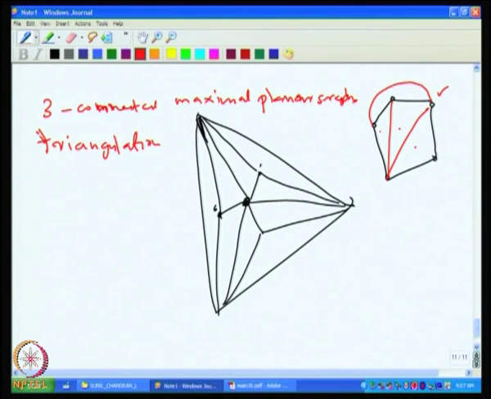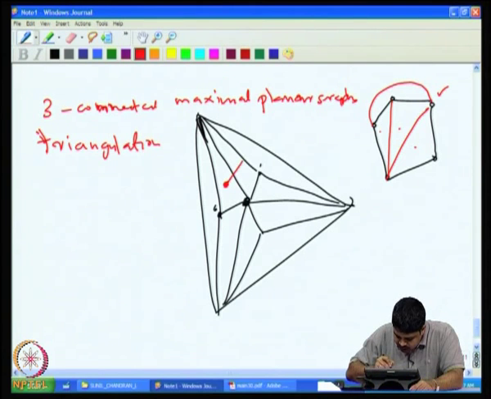It is very easy to see, because if you take any vertex here, you put a vertex for a face, and because it's a triangle, there are three edges going out of it.